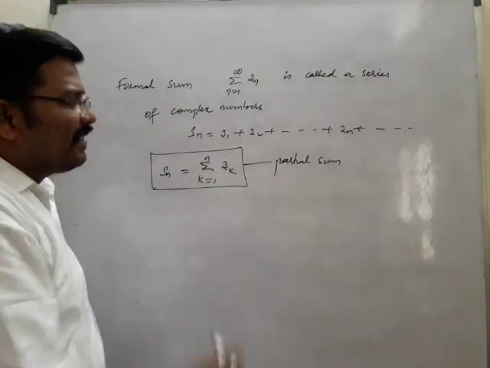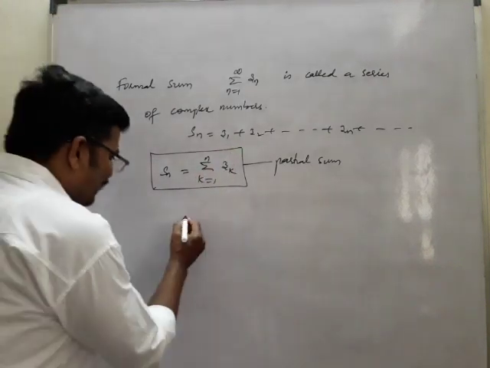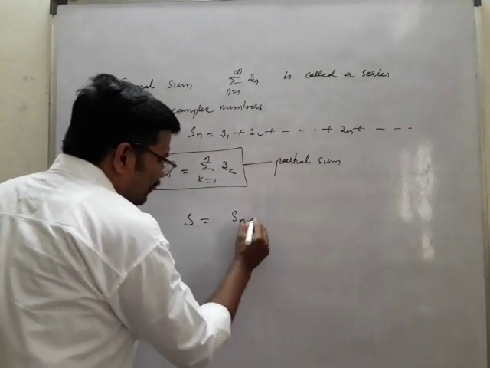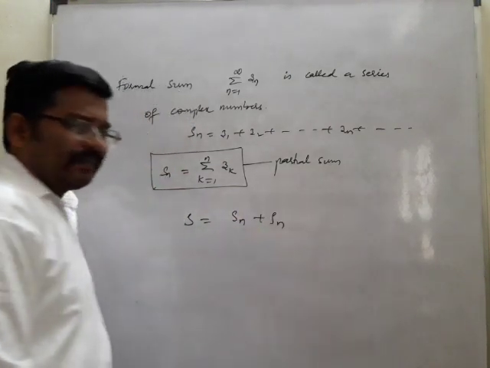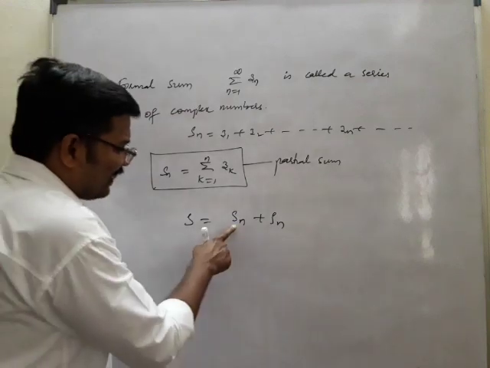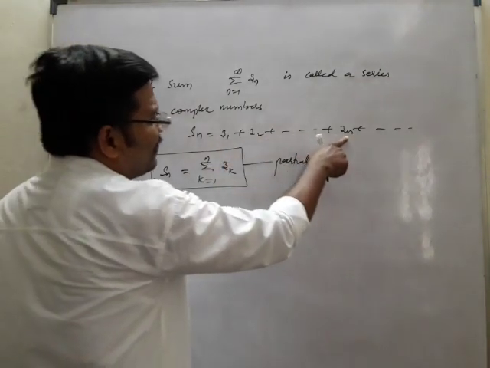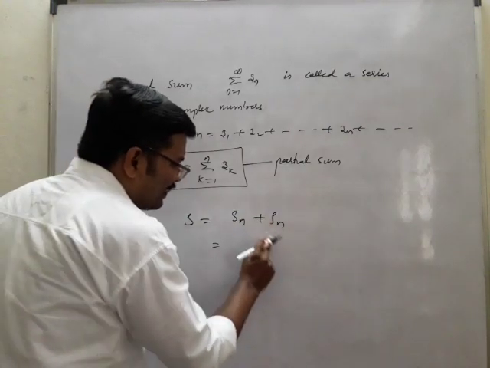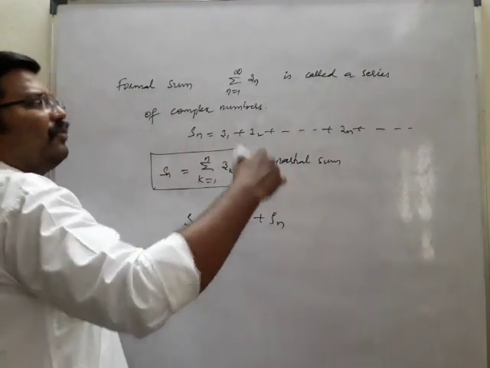So the series can be written in this form. Let us suppose S is equal to Sn plus some rho n. Sn is nothing but Z1, Z2 and so on up to Zn. This Sn is a partial sum, and rho n is what is taken towards infinity.